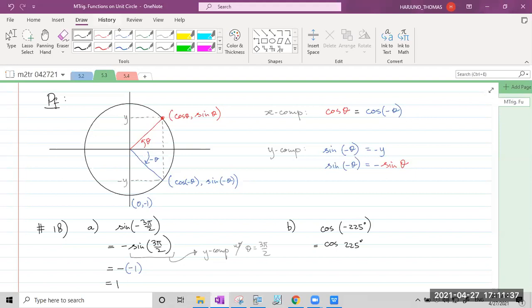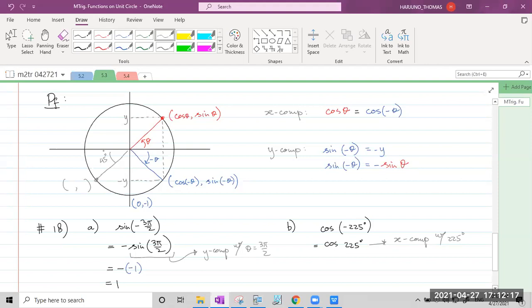Now, cosine of 225 degrees is the x component with angle 225 degrees. Okay, the angle 225 degrees is here. What is the coordinate here? Notice that if this is 225 degrees, then this is 45 degrees, right?